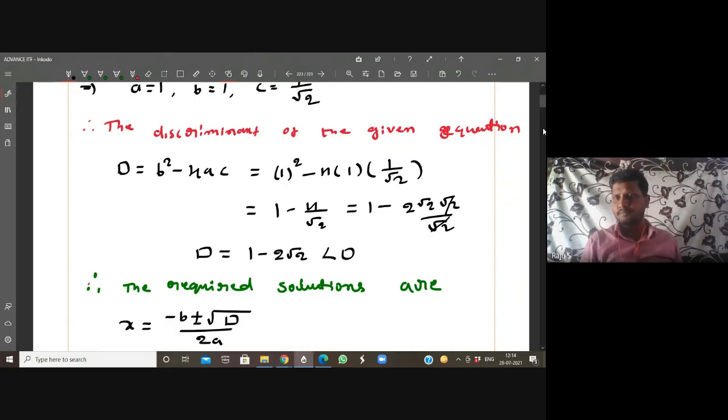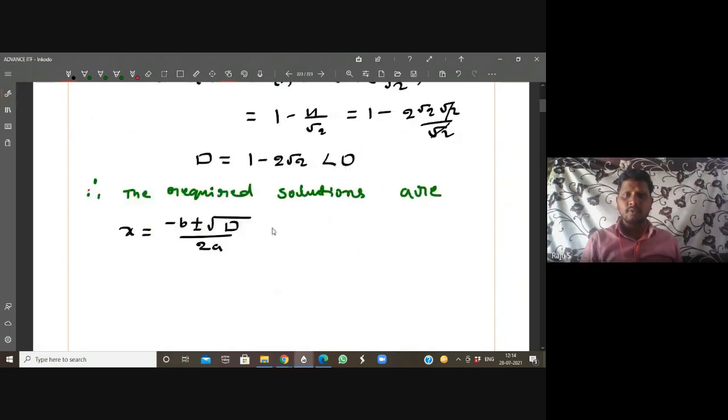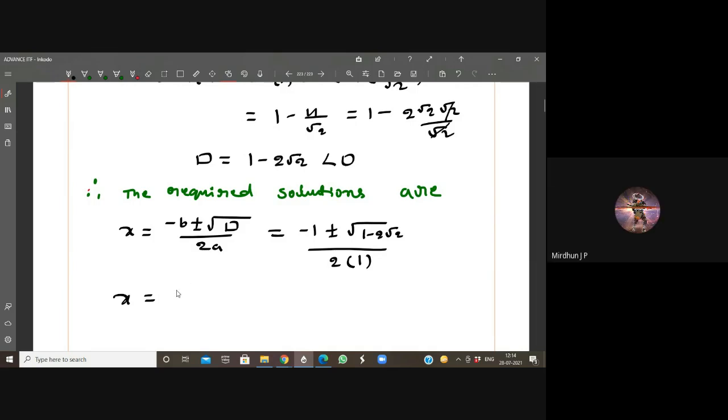That's all. So minus b means minus 1 plus or minus root of 1 minus 2 root 2, by 2 into 1. Yes students, 2 into 1. So after this, that's all, we got the answer.